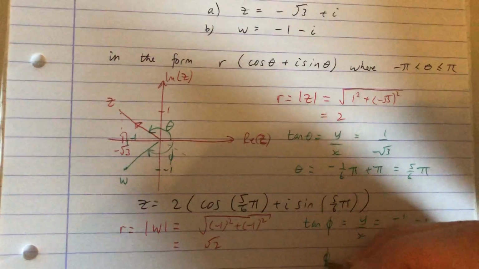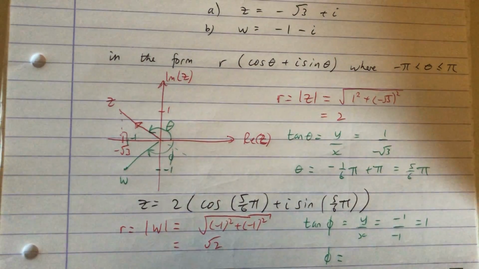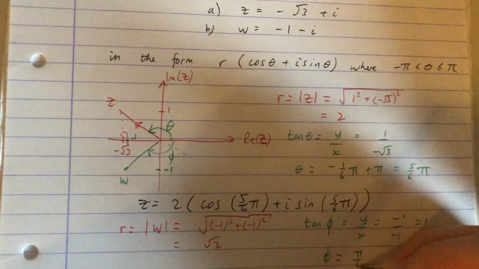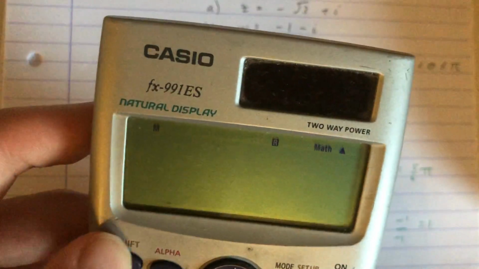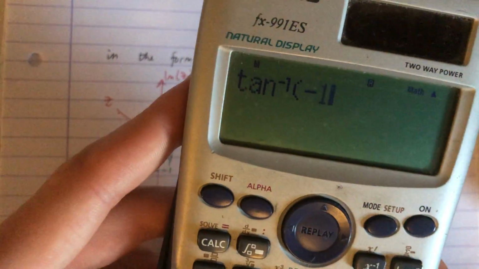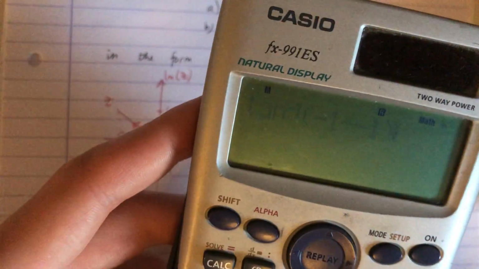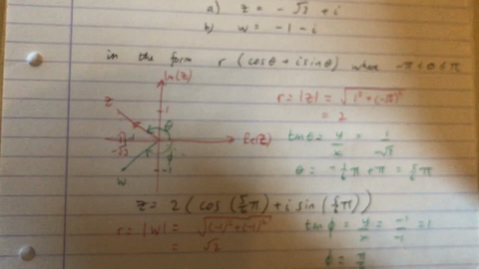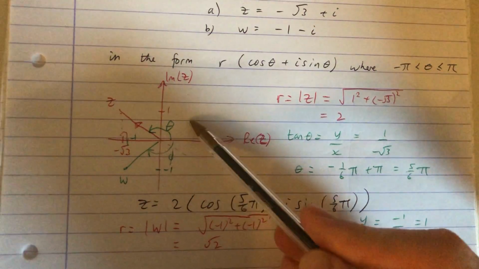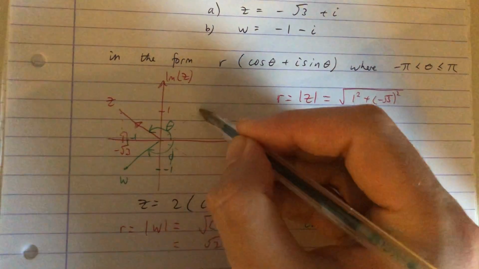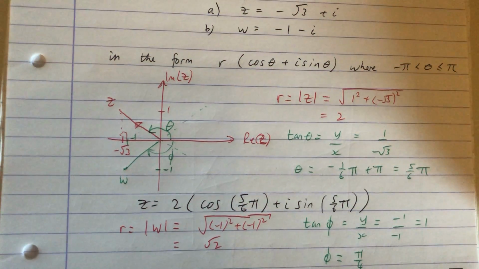And if you work out what phi is, you should need a calculator for this. A calculator will give you pi by 4. Shift tan of minus 1 divided by minus 1, pi by 4. Which is obviously not correct. That's predicting the first quadrant, but again, it gives you the wrong one.